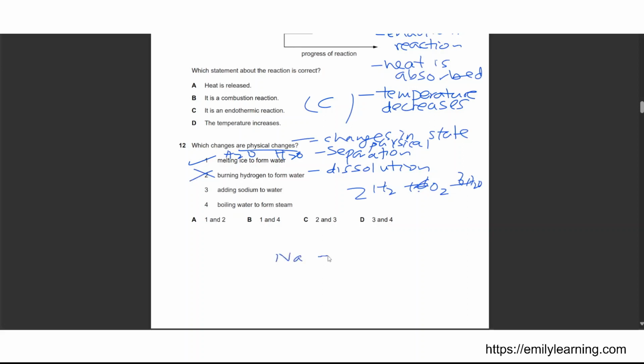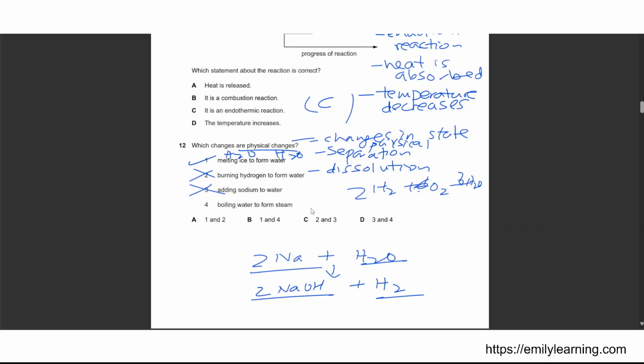Adding sodium to water. You have learned in the group 1 chapter, when you add sodium to water, you get sodium hydroxide and hydrogen gas, right? Because your reactants get converted into other products, this is no longer a physical change, it is a chemical change. Adding sodium to water is a reaction, so it's not a physical change.